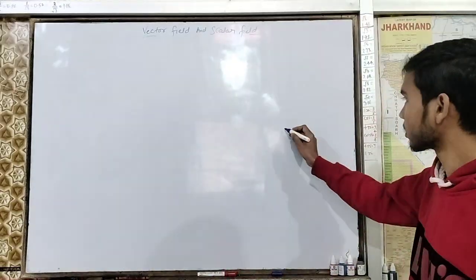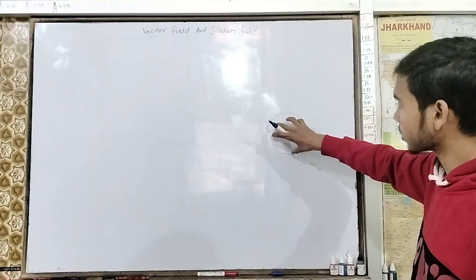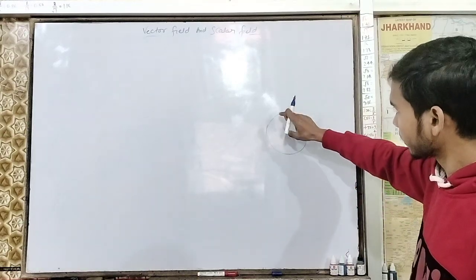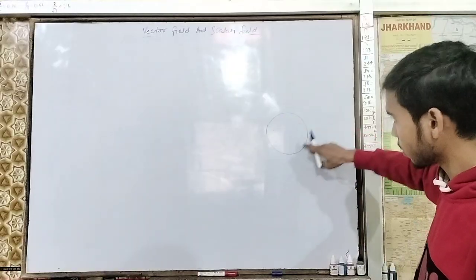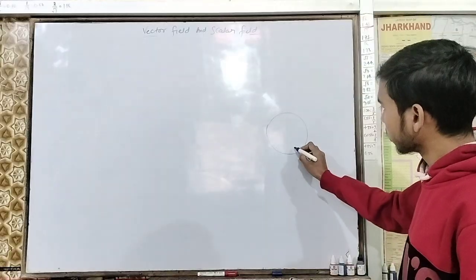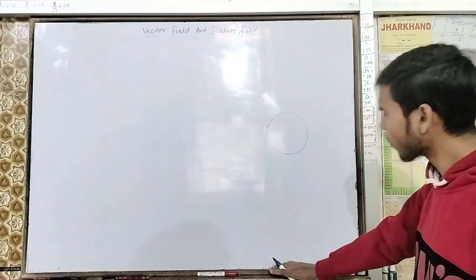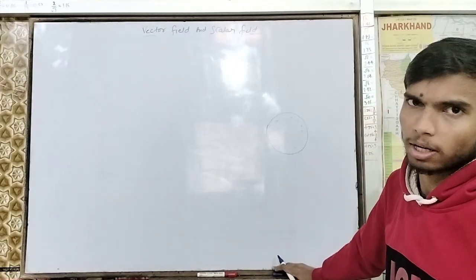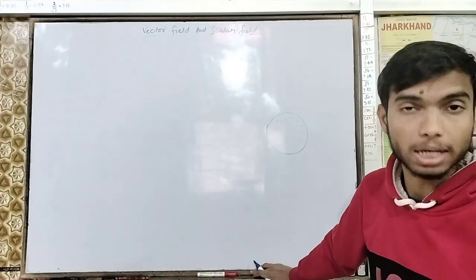There is a space, let's just say this is a space, and we can also say a space means an empty area, or you can say a region. At this point, let's just say all these are scalar quantities. Of course you will get magnitude only. If all these are vector quantities, what will you get?